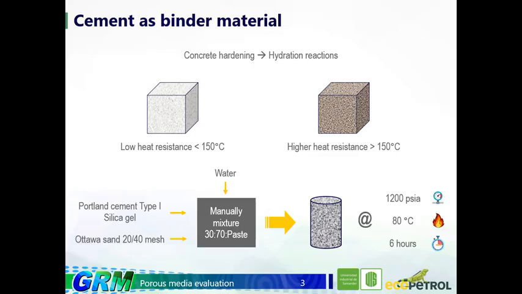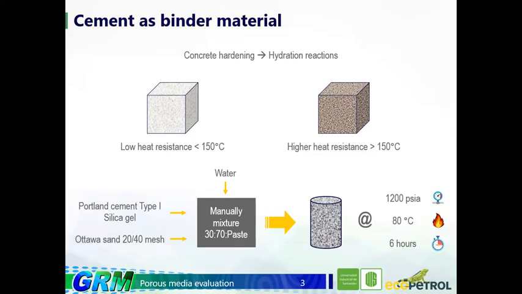For this purpose, we made an experiment with water, Portland cement type 1, silica gel, and also Ottawa sand with a mesh of 20 to 40. All these materials were manually mixed in a 30 to 70 ratio until a paste.